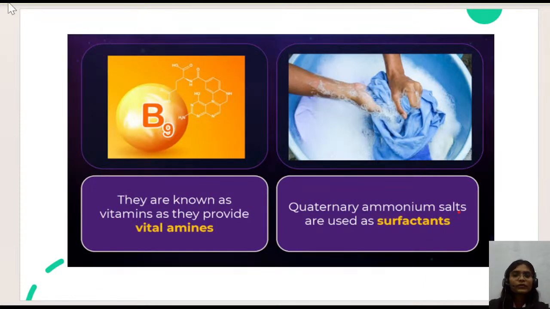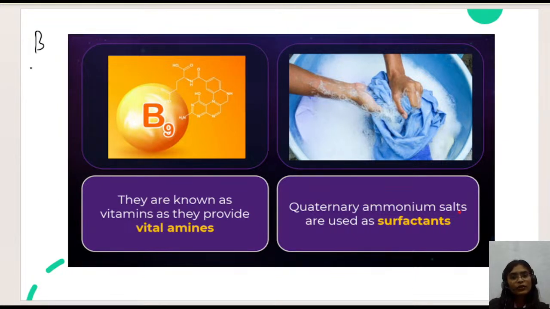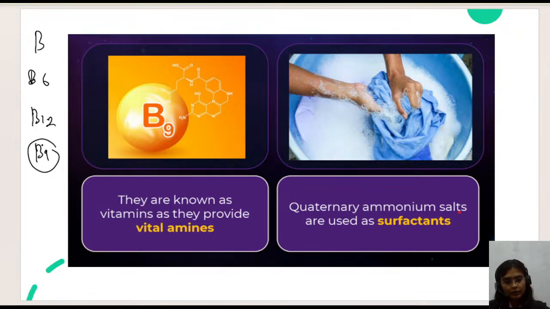You know that vitamin B is a common vitamin, and it's further classified into B6 because of the different kind of group, or vitamin B12, and similarly vitamin B9. So vitamin B is further divided into different kinds. This plays a very important vital role in our body.